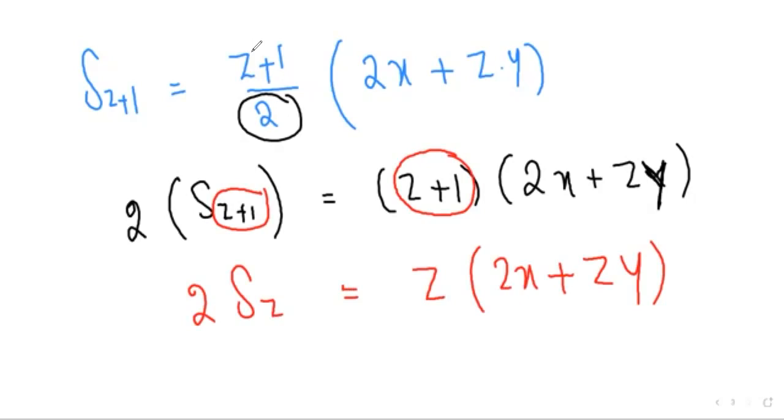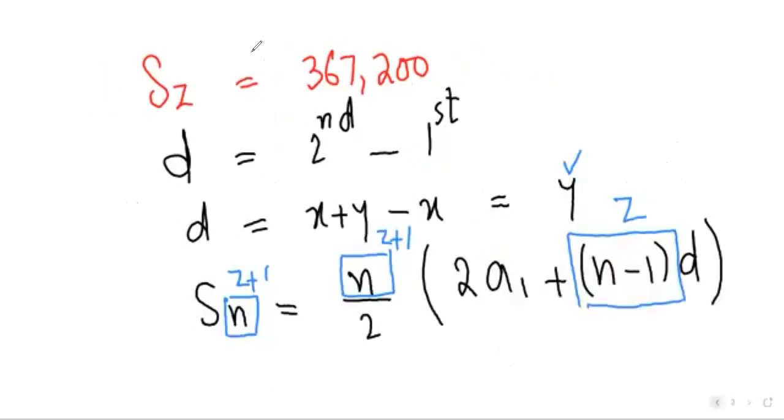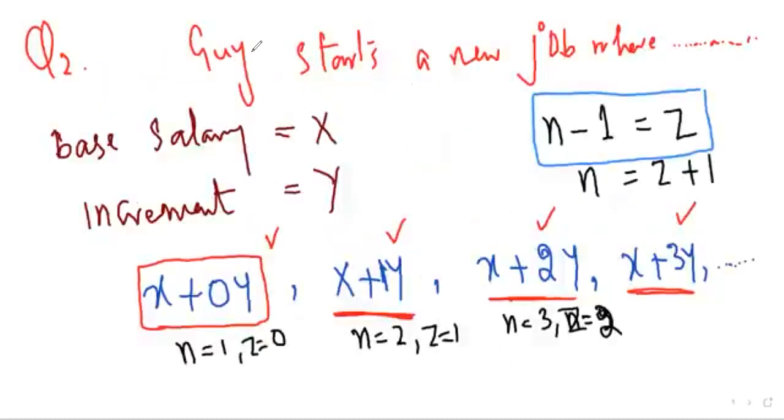And we know that this sum of z terms is 367,200, and z we don't know, and this is our 2x plus, and where is zy? We can find out zy, no problem.